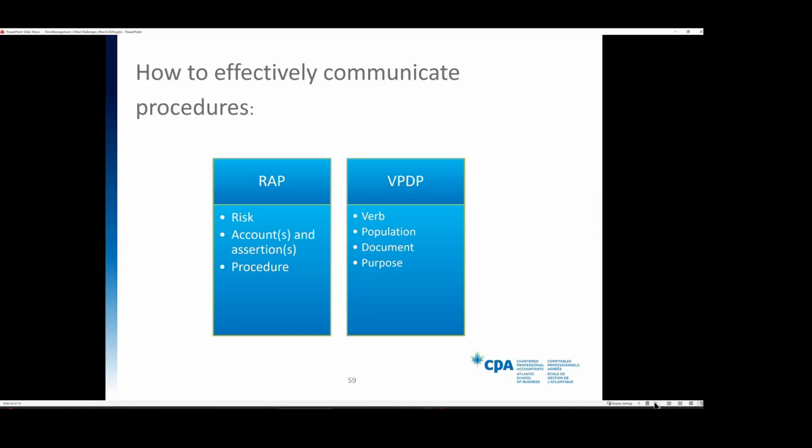And within the procedures, think of VP, DP. So you need a verb, what do they need to do? You need to talk about the population. What type of document do they need and the purpose? And I've included the appropriate chapter in the ebook where I found this information.